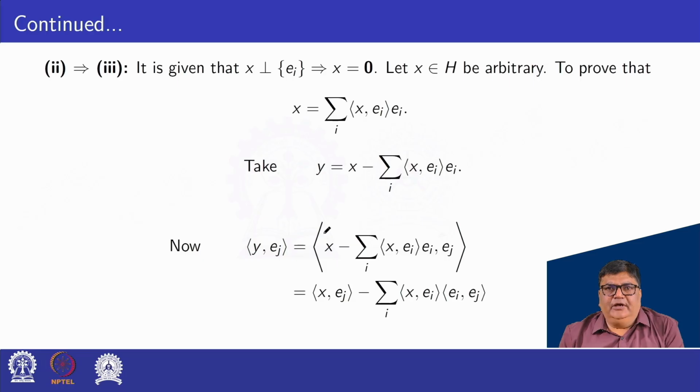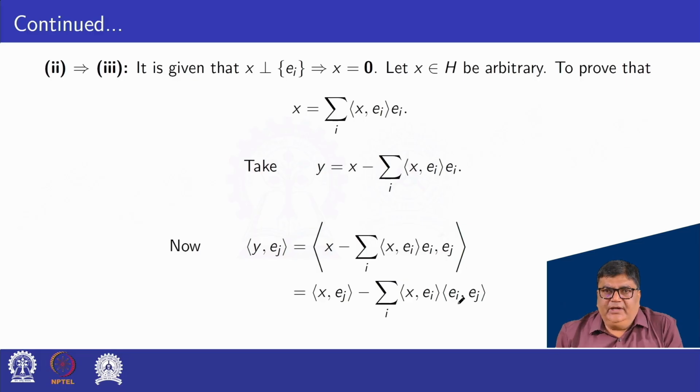Applying the property of inner product, that is the inner product of x and EJ minus the inner product of the summation of this and EJ. Okay. So, the inner product of x and EI is a scalar alpha. So, we can write it outside of the inner product.